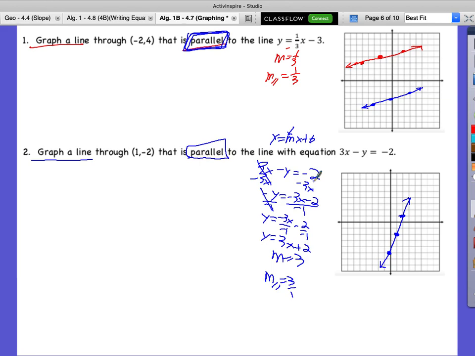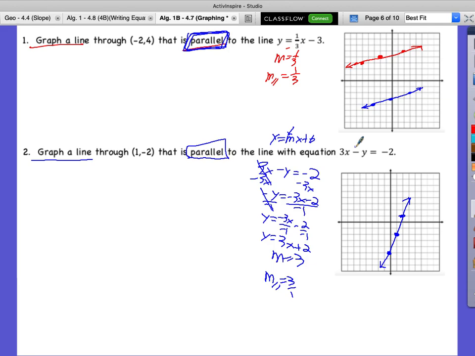We're graphing a line that goes through this point and is parallel to this line. We don't actually care about this line. I know this might be rude, but we don't care where that line goes. We only care about one thing about that line, and that's the slope. That's all we care about, because if this line's parallel, it has the exact same slope. That's part of the notes you missed when you went to the restroom.